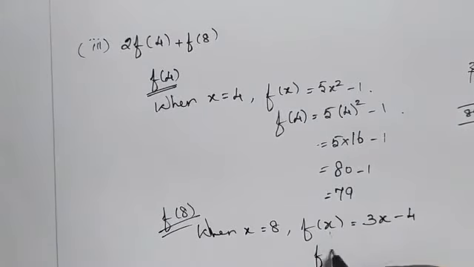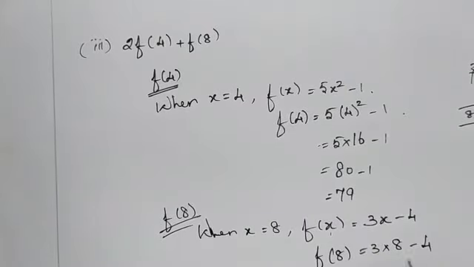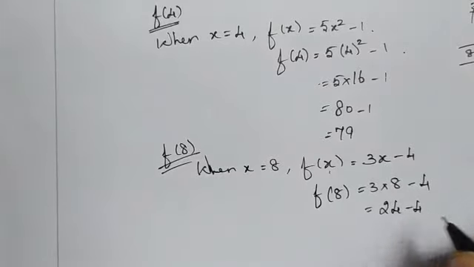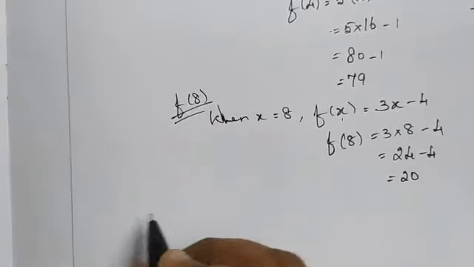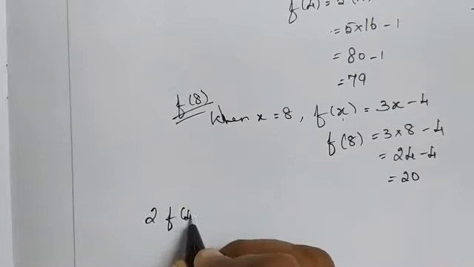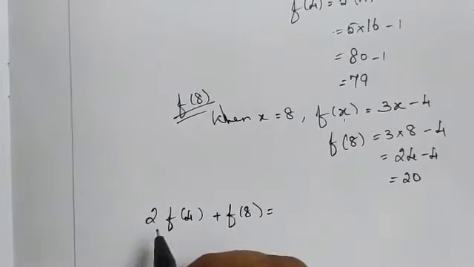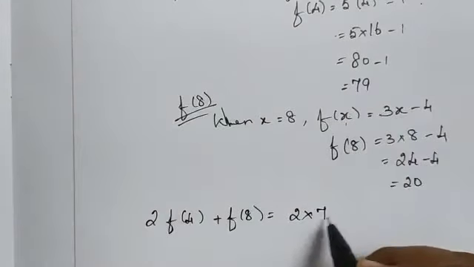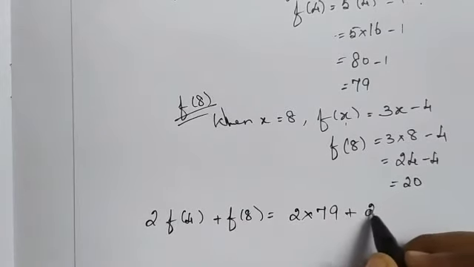In the place of x, substitute 8. 3 into 8 minus 4. 8 threes are 24. 24 minus 4 is 20. Now 2 into f of 4 plus f of 8 is equal to 2 into f of 4, which is 79, plus f of 8 is 20.